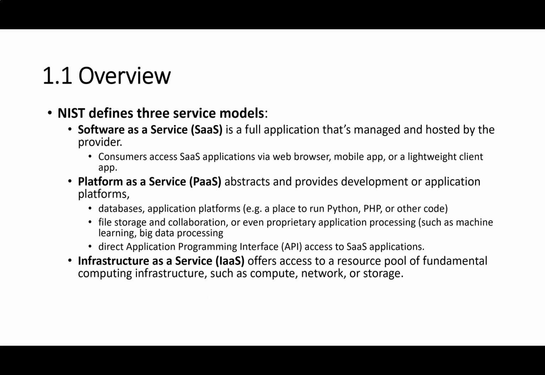Three service models, as we mentioned earlier. Software as a service is applications that are designed and deployed in the cloud, managed and hosted by a cloud service provider, usually accessible through the web, using a web browser, mobile application, or some sort of client app that's installed on the desktop.